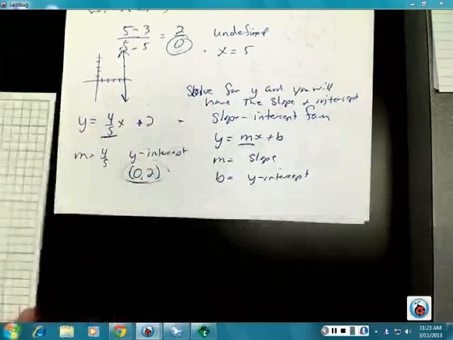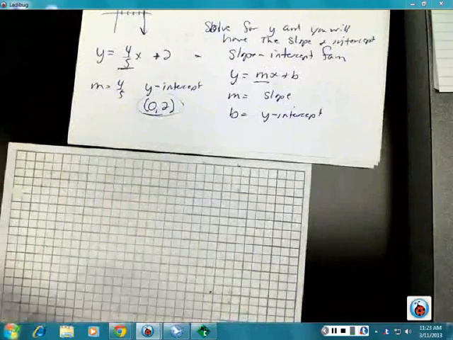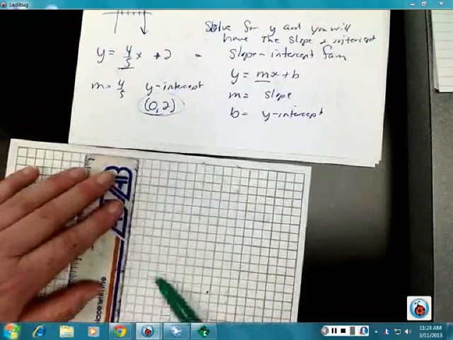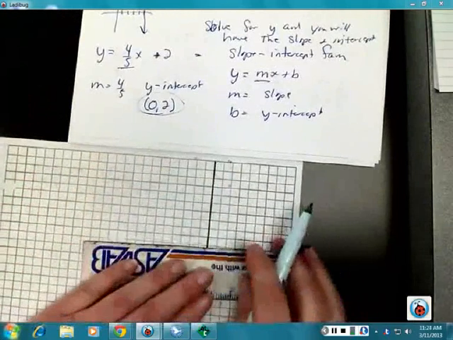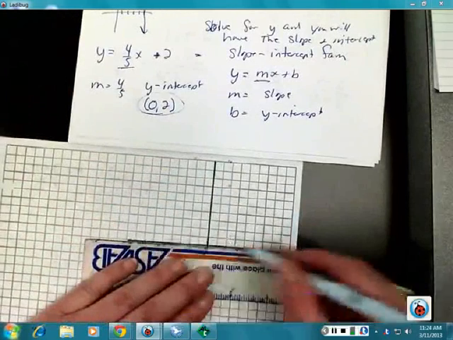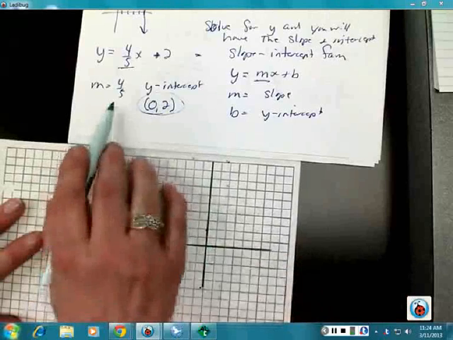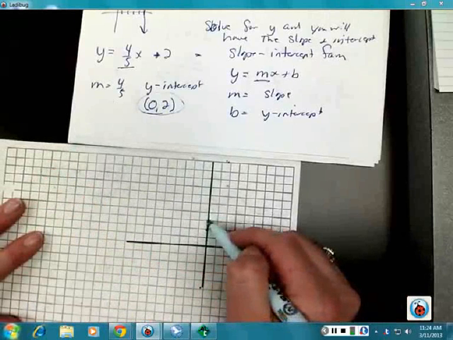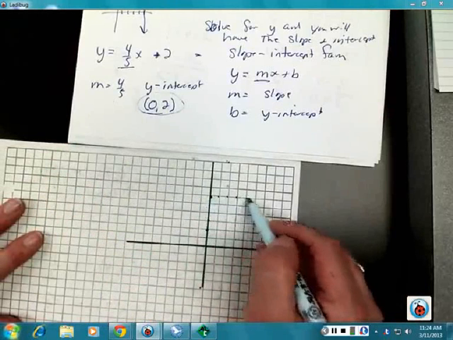So in this case, I would be at 0, 2. So I'm up at 2. My slope says rise 4, 1, 2, 3, 4, and run 5, 1, 2, 3, 4, 5.